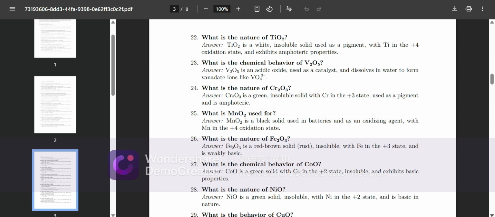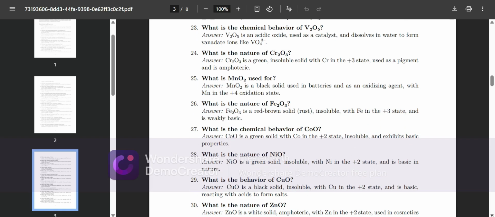What is the chemical behavior of V2O5? V2O5 is an acidic oxide used as a catalyst and dissolves in water to form vanadate ions like VO4 3-.